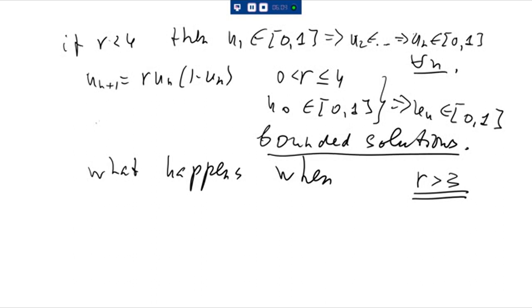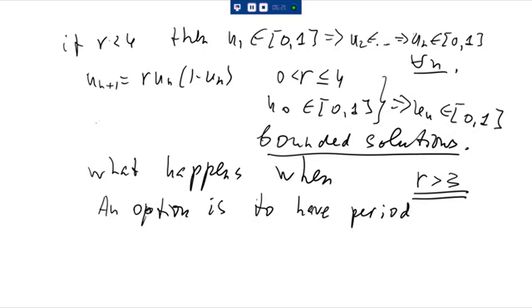It's not convergence to any fixed point, but what could it be? One option is to have periodic solutions. The scenario is to have two periodic solutions.